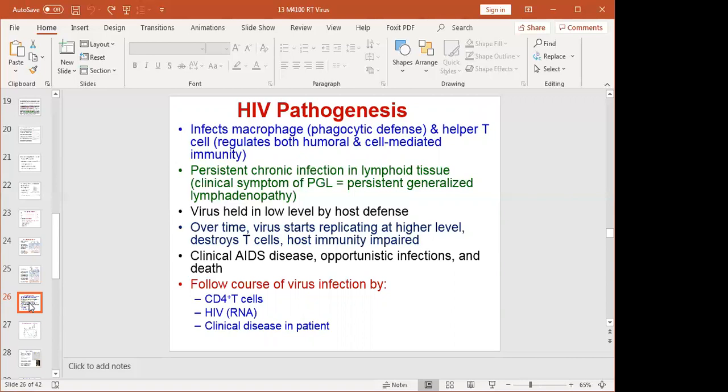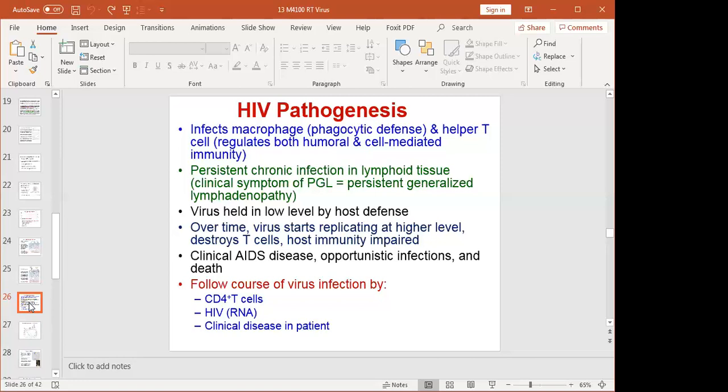CD4 positive helper T cells regulate both humoral and cell-mediated immune responses. So they're key players because they secrete 2 types of cytokines, type 1 cytokine and type 2 cytokine, with a myriad of effects. The next stage in HIV pathogenesis is persistent chronic infection.